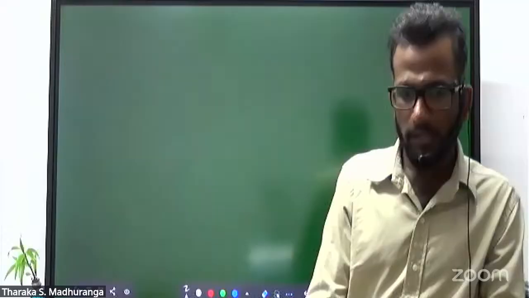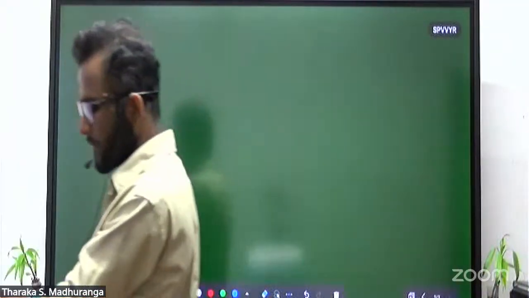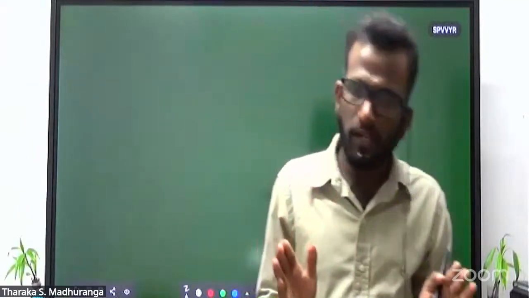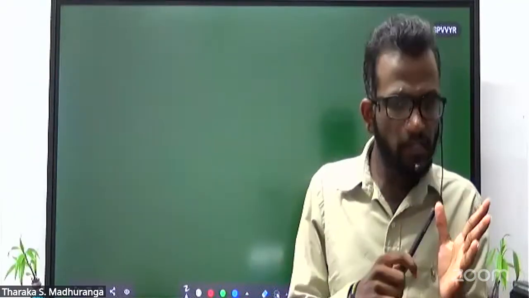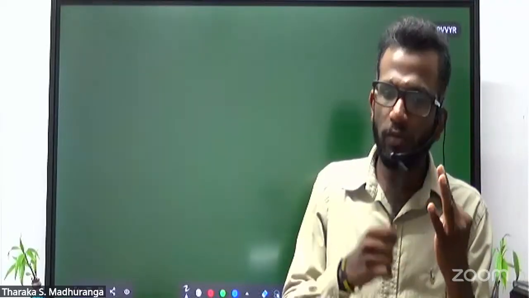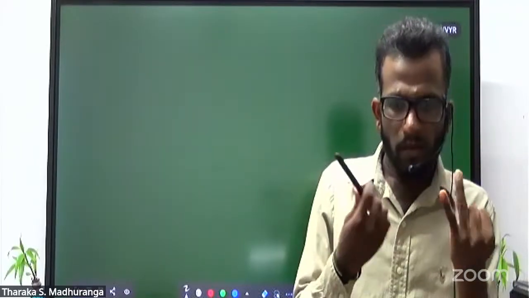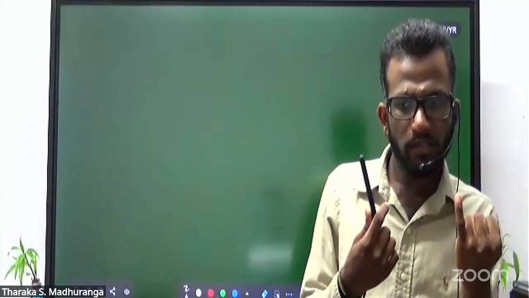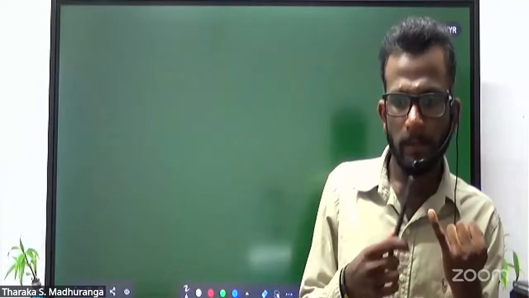Now start our new lesson. From coordinate geometry, there is no question. Up to work and energy only. Then what are the lessons you need to be ready for? The measurement, area and volume, trigonometry, forces.